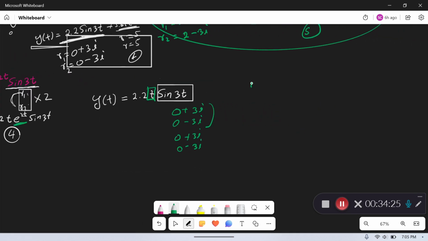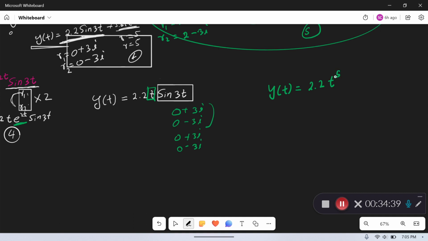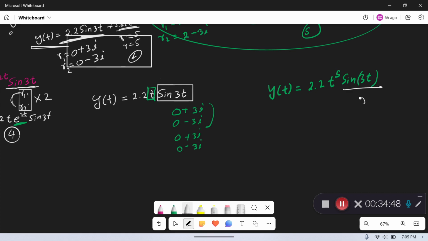Now, how about something like this? y(t) equals 2.2 t^5 sine 3t. Then again, this goes to two roots: r1 equals 0 plus 3i, r2 equals 0 minus 3i.